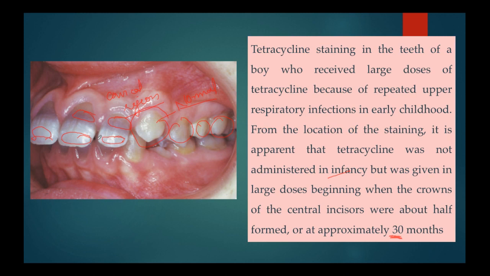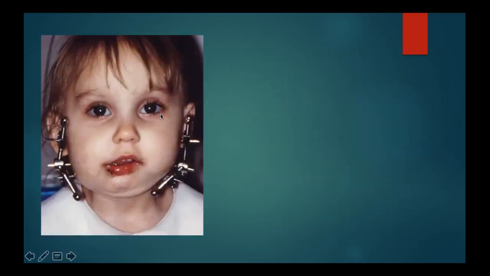So after a few months the tetracycline must have been stopped. By this we can know approximately at what age large doses of tetracycline were given. So this is how tetracycline staining looks. Okay, let's move to the next slide.